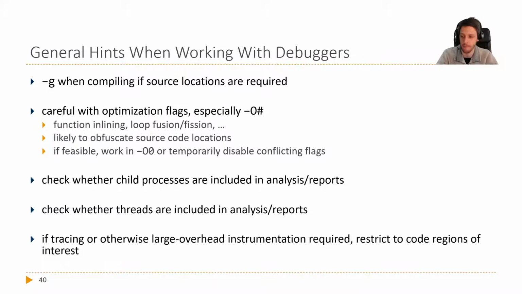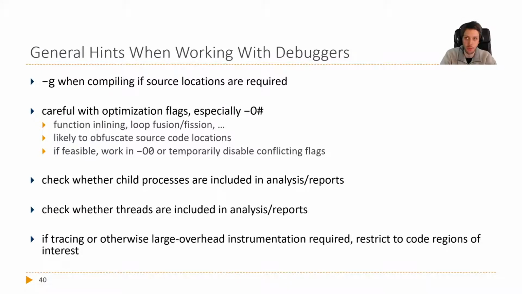performance profile properly. Check whether any child processes are included in your analysis reports, especially with MPI, for example, or even if you do something crazy with fork and exec. Be careful about that. Check whether the tool that you're using actually supports threads. For the tools that are presented today, I told you. And if you need tracing, or if you have some otherwise, I already said this, large overhead in instrumentation or measurement, try to restrict it to the code regions that are of interest.